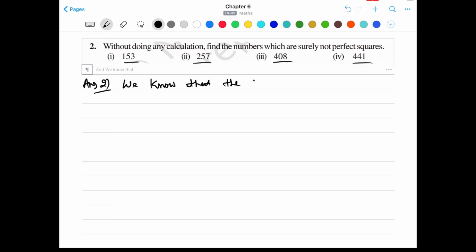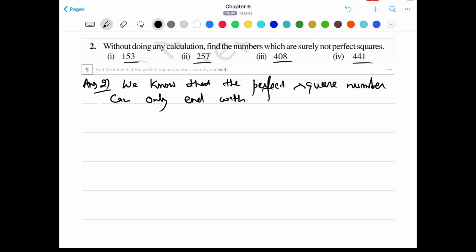the perfect square number can only end with 0, 1, 4, 5, 6 and 9 at its ones place. Okay, 0, 1, 4, 5, 6, 9.